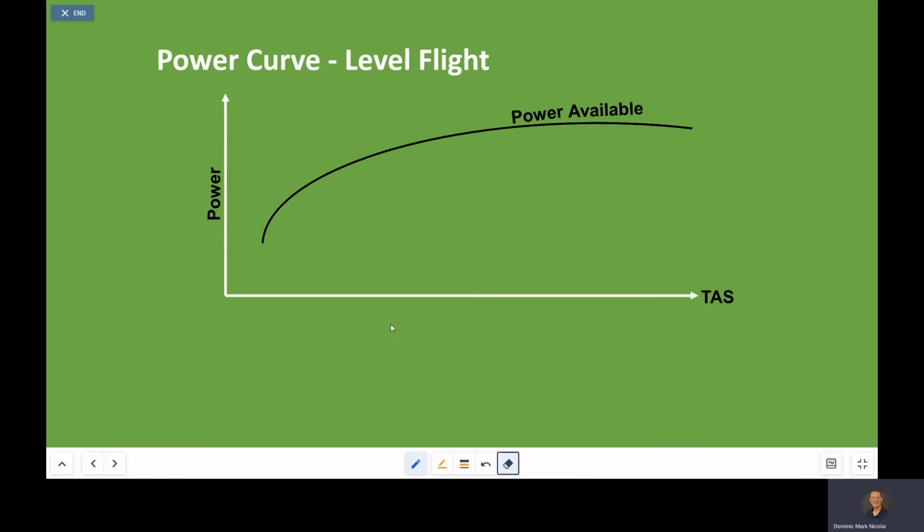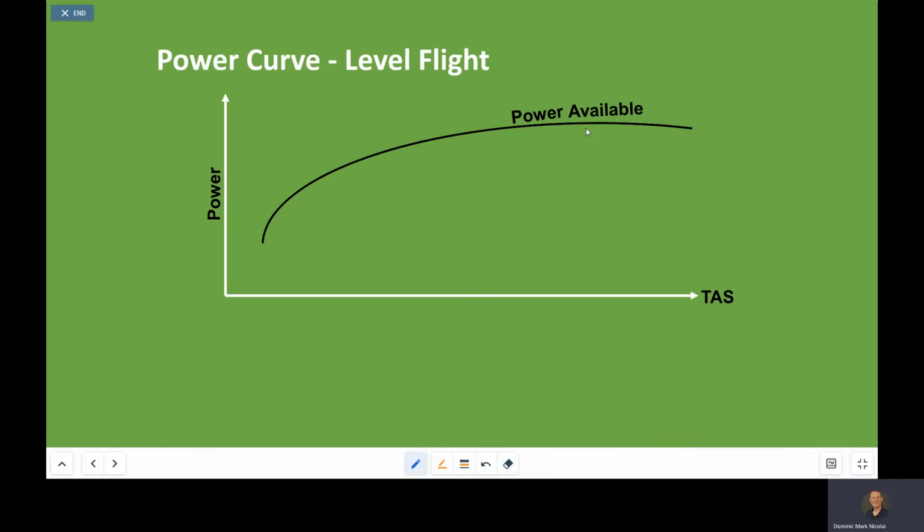Based upon the engine and propeller that I have, and the amount of power that I'm applying for my phase of flight, I have a certain amount of power that's available. Typically, this is going to be a fixed pitch propeller that we're talking about. And the propeller efficiency is part of the reason why we have this curve in the power available curve.